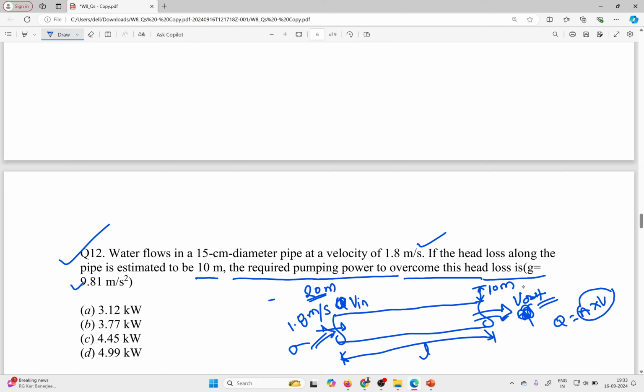Discharge should not change because of continuity, because we assume that. But just think: due to friction your velocity will be reduced at the outlet, so you will not get as much water as before. So how much should the power increase?